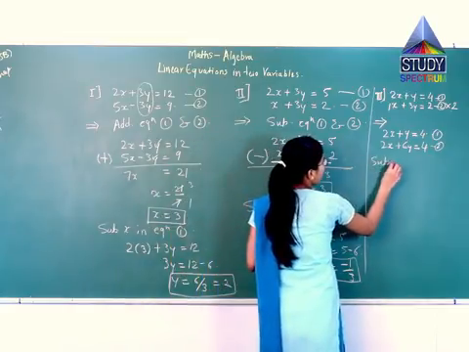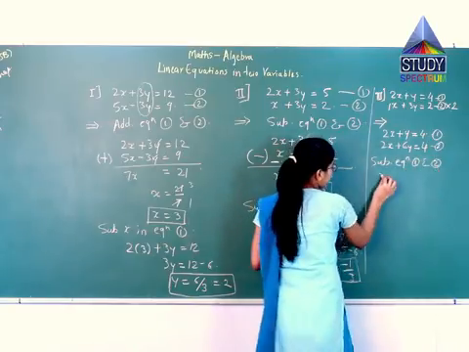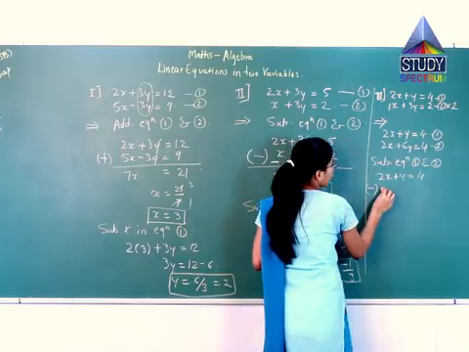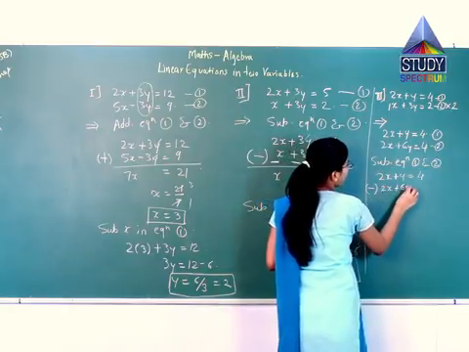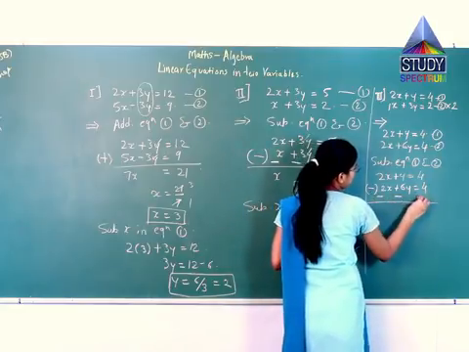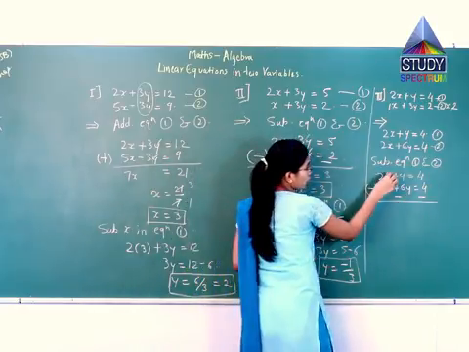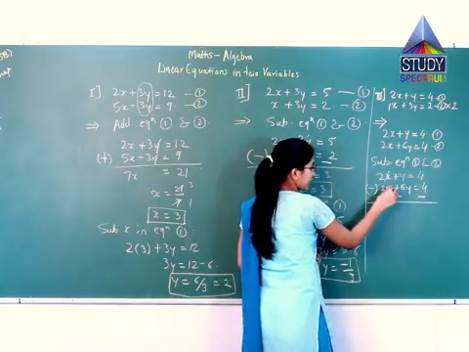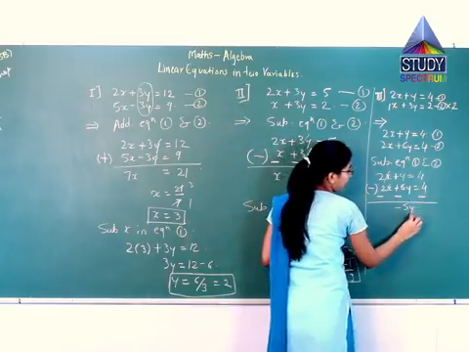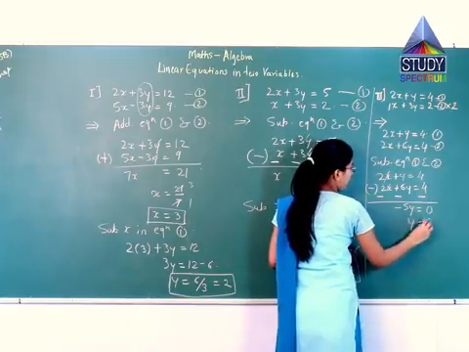So subtracting equation 1 and 2, 2x plus y is equal to 4 minus 2x plus 6y is equal to 4. Since we are performing subtraction, the base sign will change. All are positive quantities, so all will become negative. So plus 2x minus 2x get cancelled, plus y minus 6y will be minus 5y, and 4 minus 4 will be 0. So y you will get here as 0.